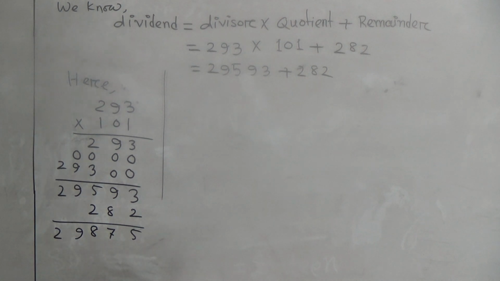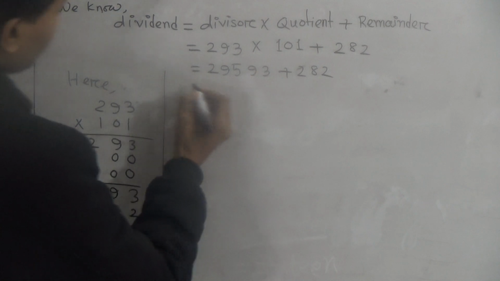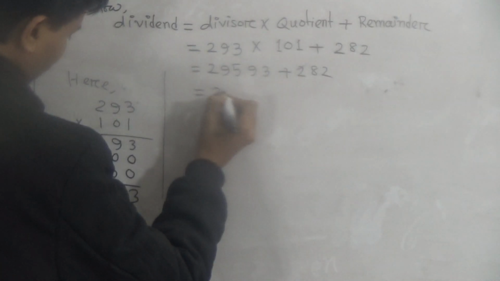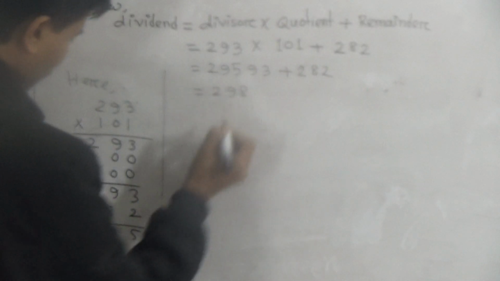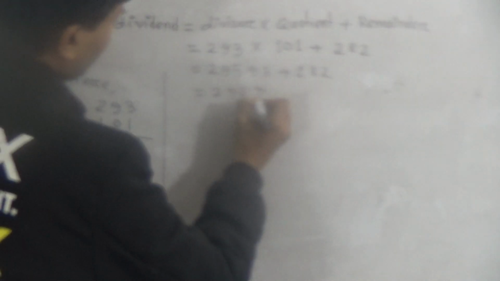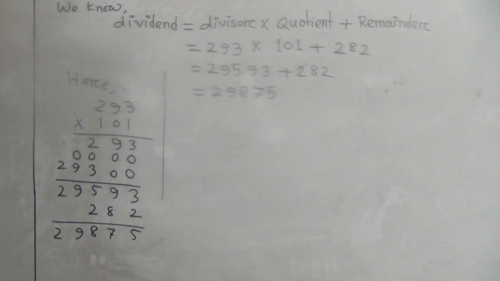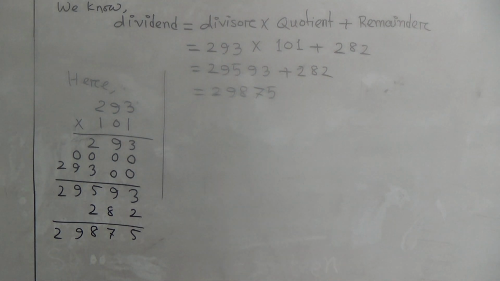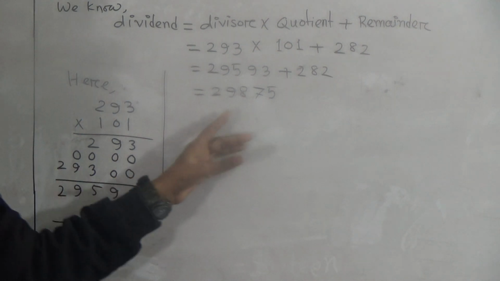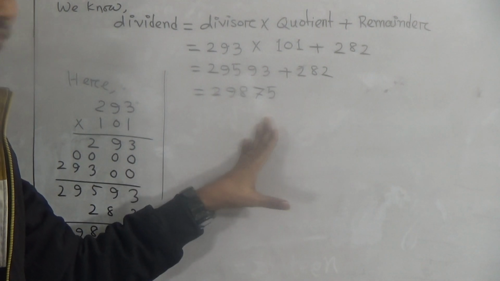Look, our obtained dividend is 29,875. Okay, put here 29,875. Okay, student, look, our dividend is 29,875.